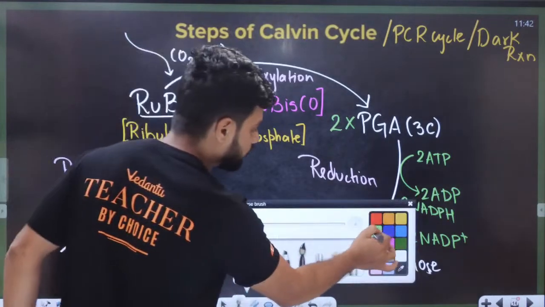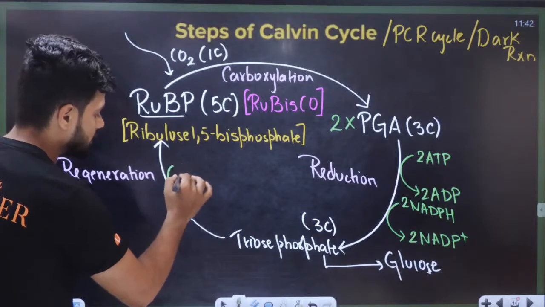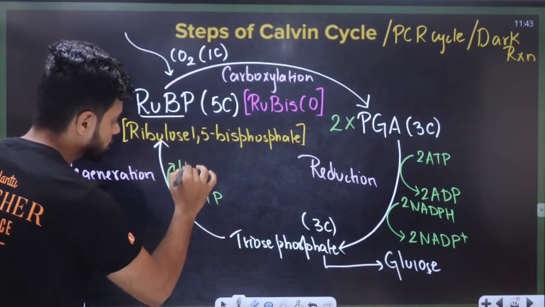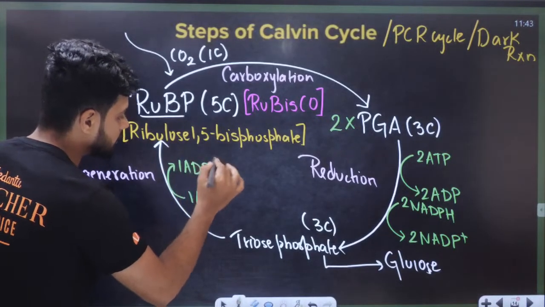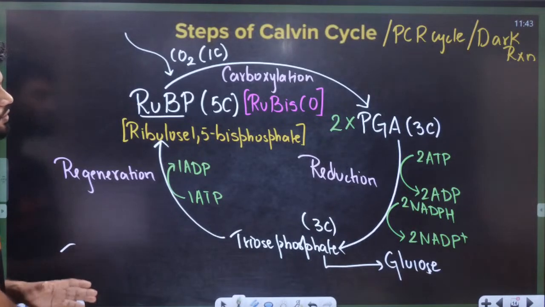This regeneration step also requires 1 ATP. 1 ATP is getting converted to 1 ADP, and this is your entire C3 cycle, also called your Calvin cycle.